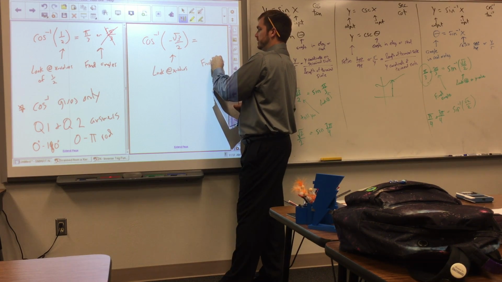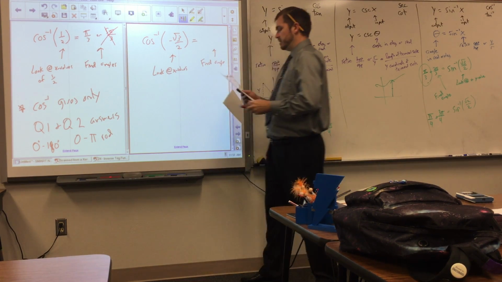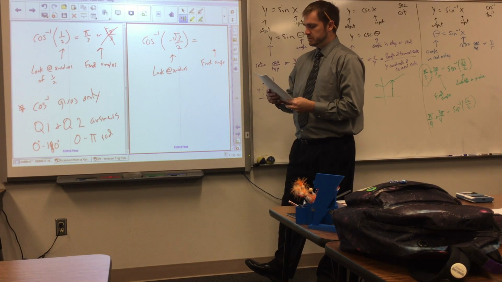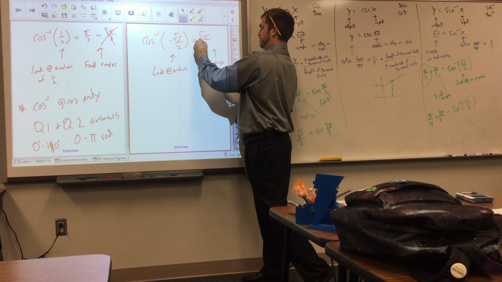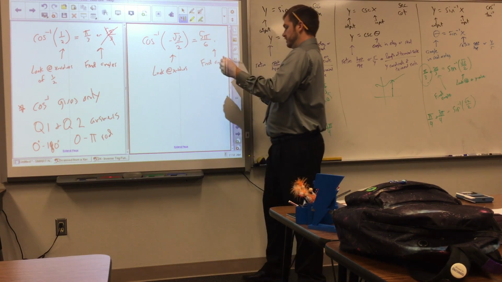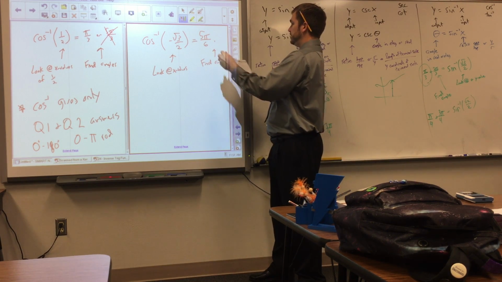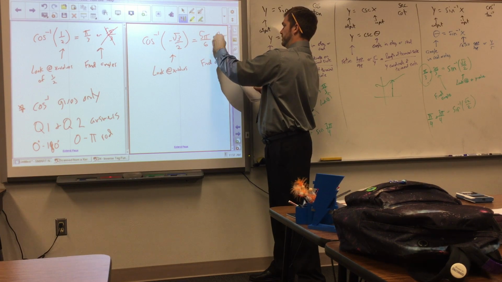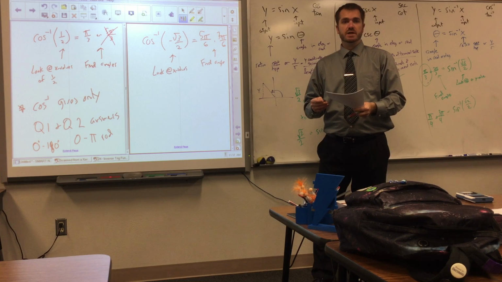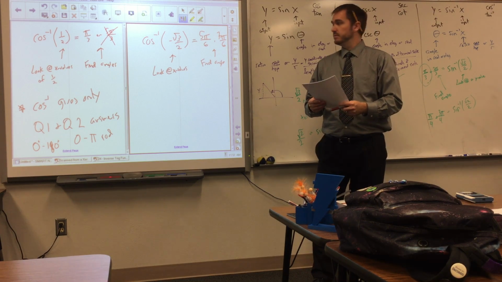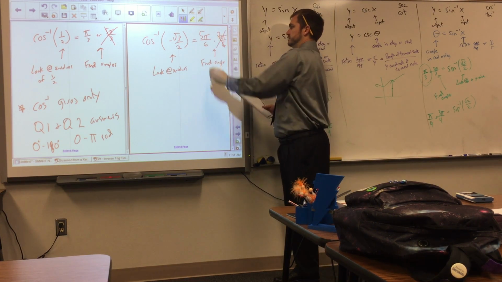Give me one angle there. Do you want them in degrees or radians? Radians, por favor. Okay, 5 pi over 6 and 7 pi over 6. I agree. However, which of those is in the first or second quadrant? 5 pi over 6. You are correct.